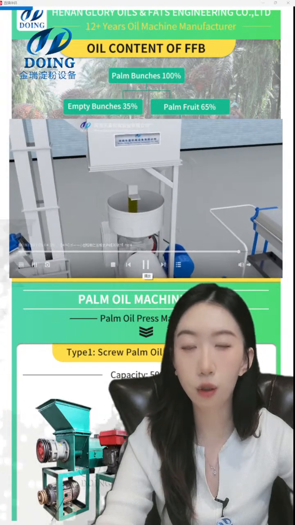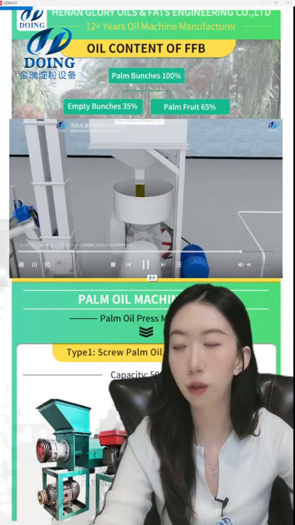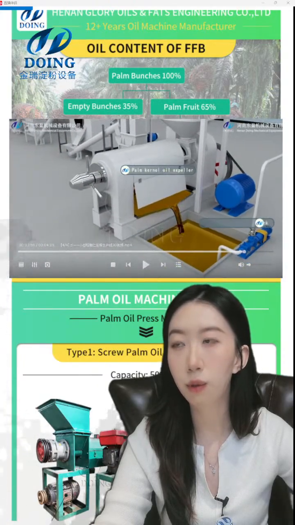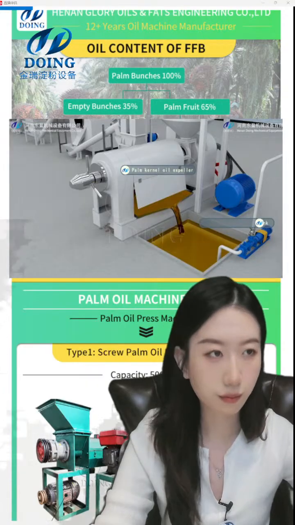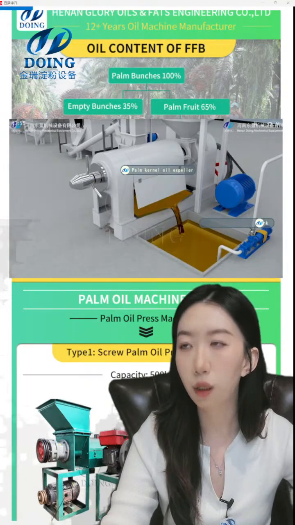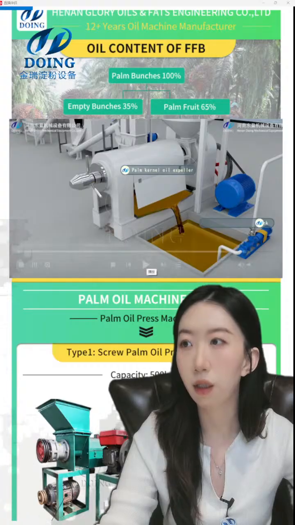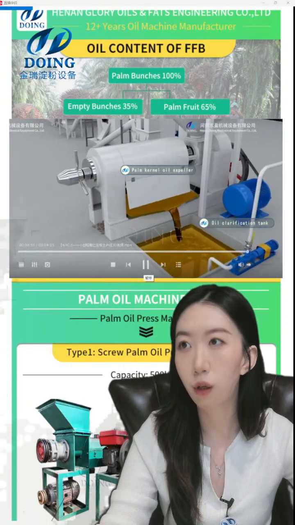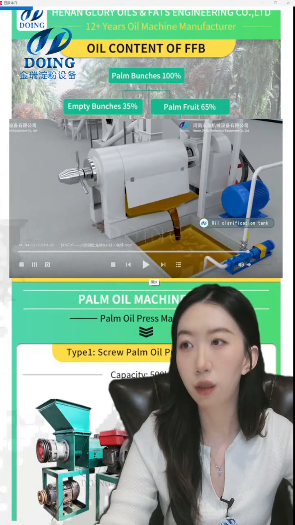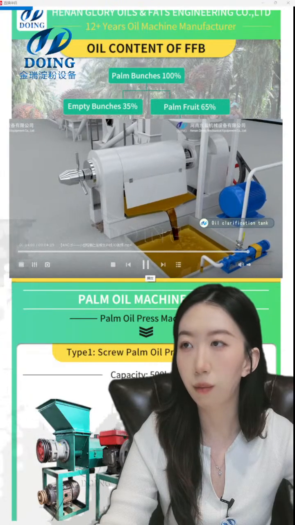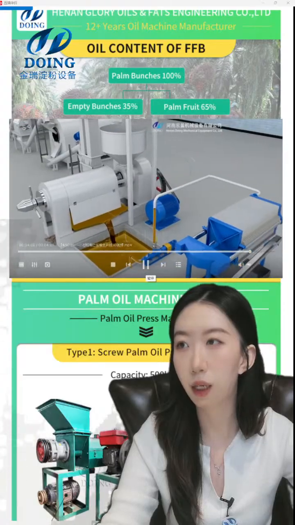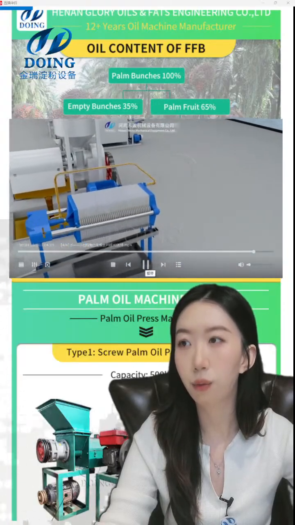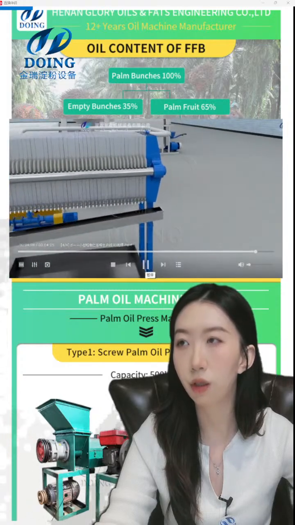And after the pre-treatment step, the palm kernel will be transported to the specific palm kernel oil expeller. After pressing, the palm kernel oil will be discharged.